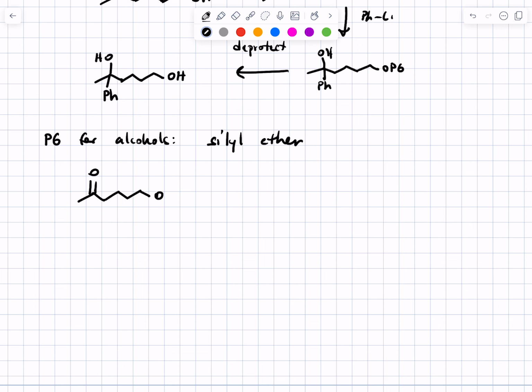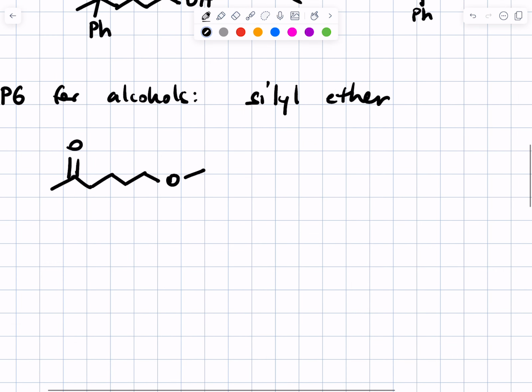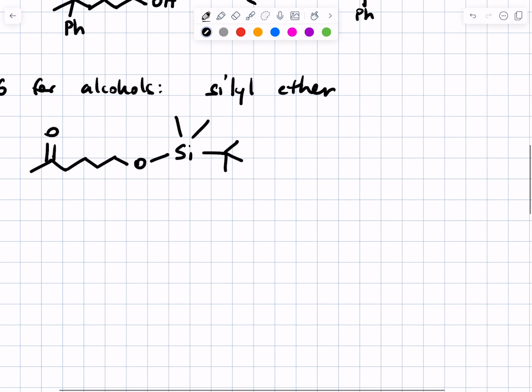So if we replace the proton with instead a silicon, this is the example of the silyl ether that your text uses. There are tons of silyl ether protecting groups, but this is the one that your text uses. And it's called a tert-butyl dimethyl silyl ether.